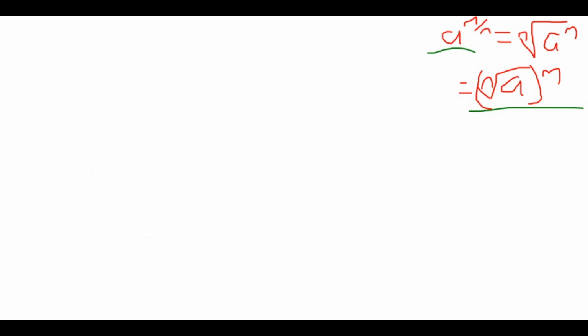Now let's try this example. If we have 2 to the power of 3 times 1 over 6 to the power of negative 1. Now try to work on this example by yourself.